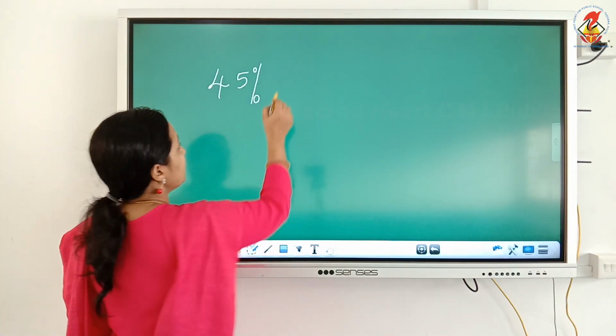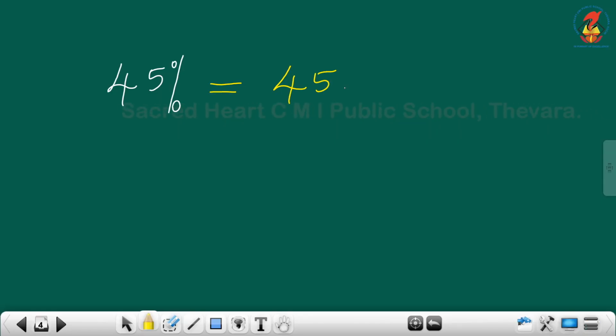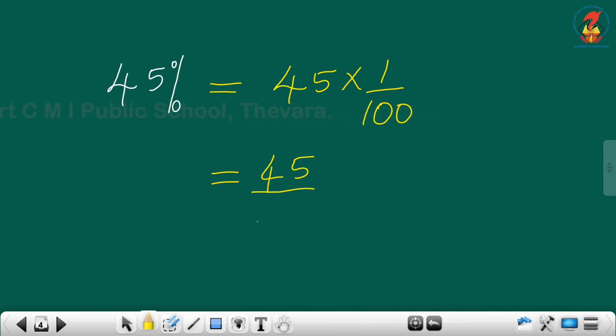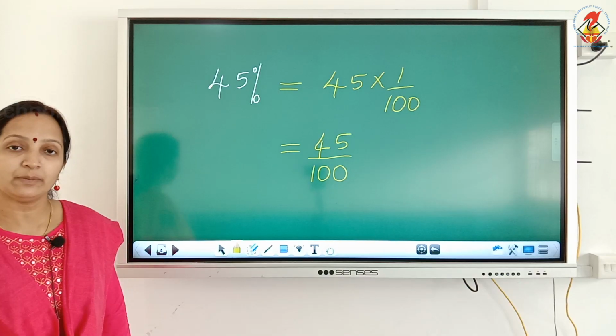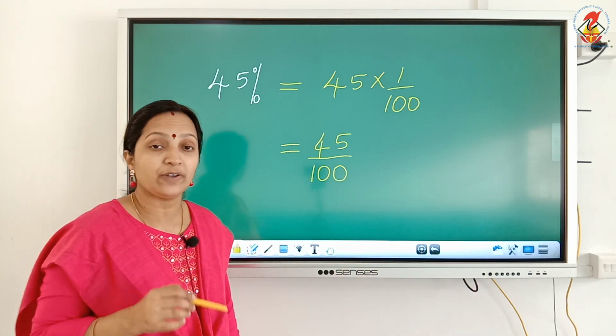What is our rule? Just drop the percentage sign and multiply the number into 1 by 100. Into 1 by 100 means what? 45 by fraction multiplication, 45 by 100. And simplify. Simplify means what? You have to find the lowest term of the fraction. How to find the lowest term?